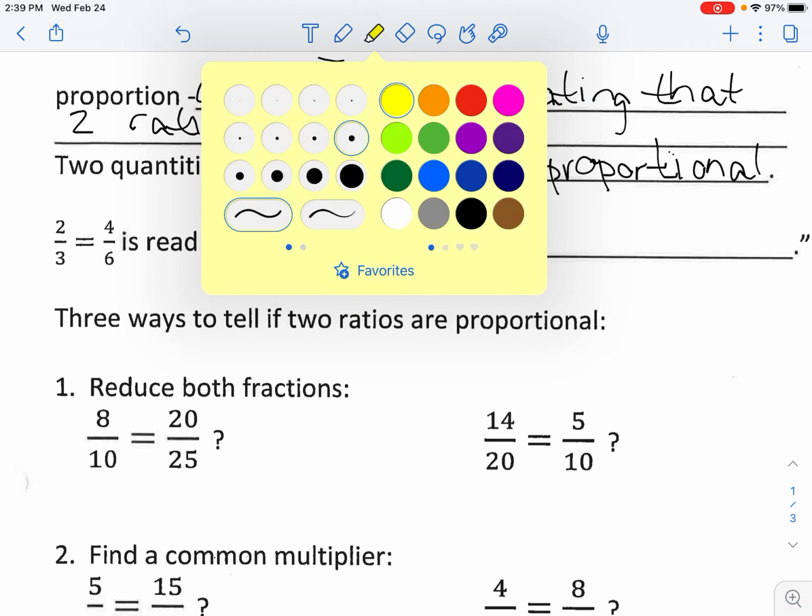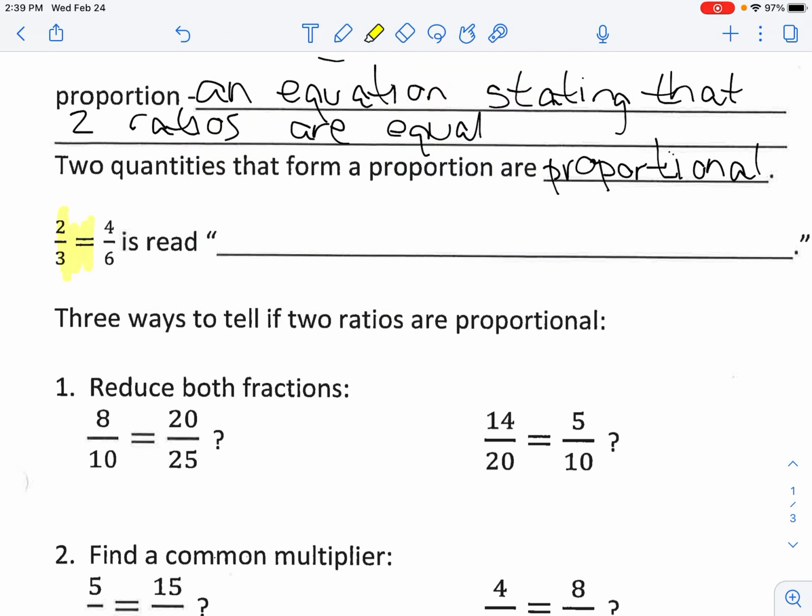So this first proportion is read 2 is to 3 as 4 is to 6, like an analogy.